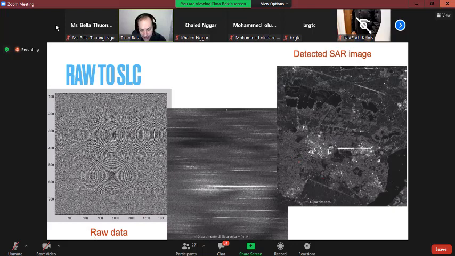You need then to compress that in range, and then you compress in azimuth, and then you get here a SAR image where you can see something, right? And most of you typically will start work on this already focused data, but you can also get from some sensors still raw data, which you would then need to focus yourself with the help of some software.